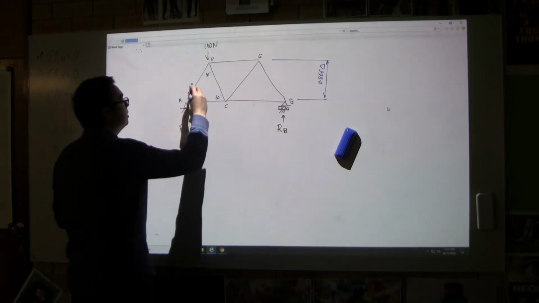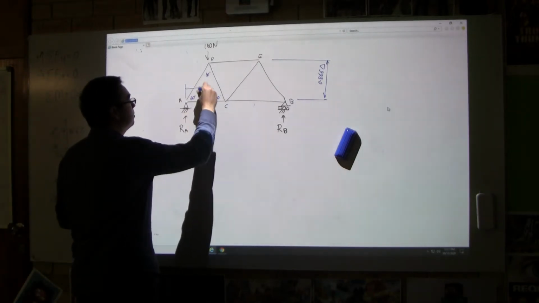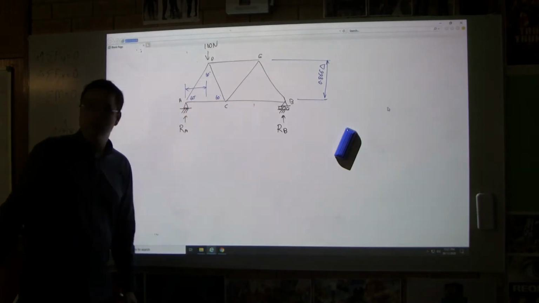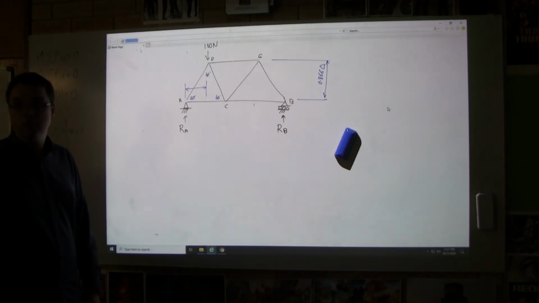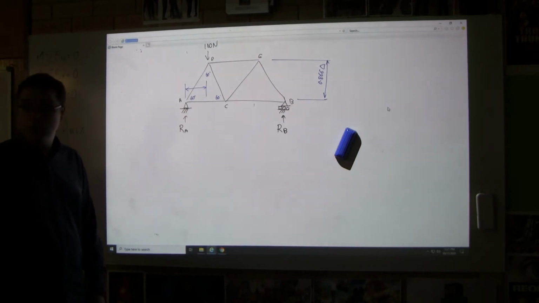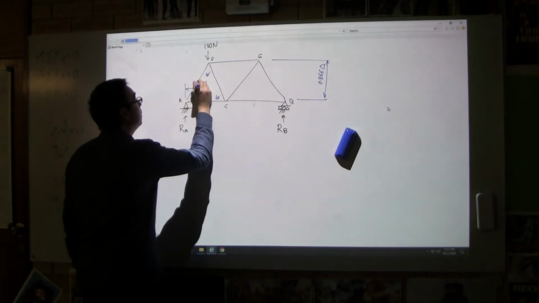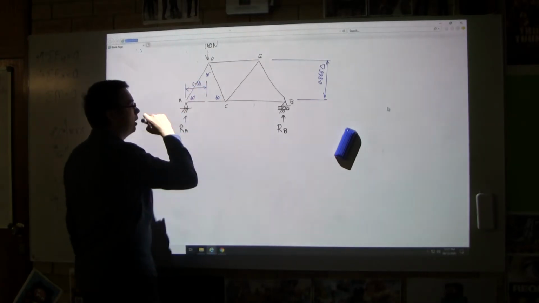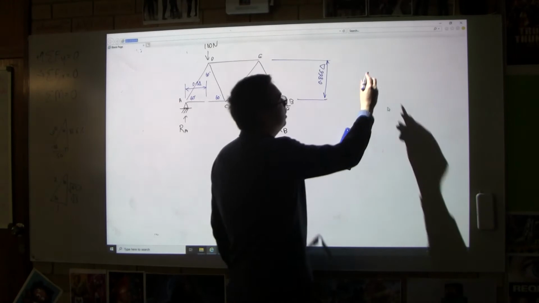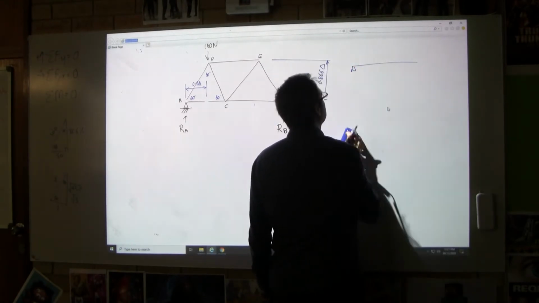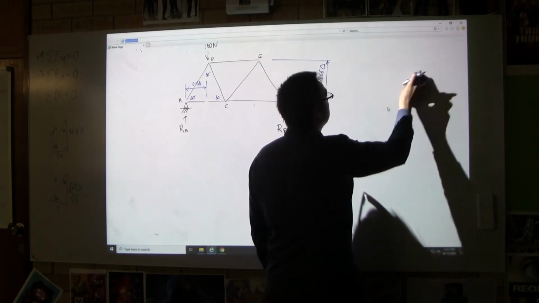What's this distance? How many triangles? It's half a triangle, yeah? You see it's half a triangle. So it's the same as if I had a beam that just looked like this.